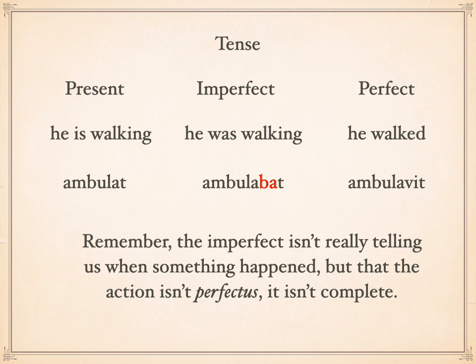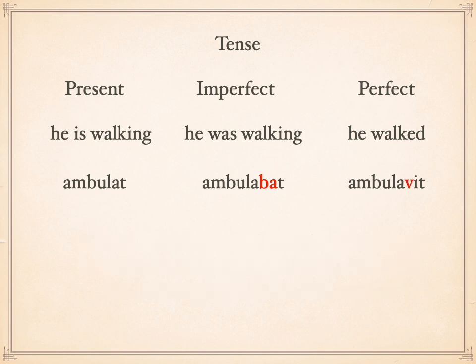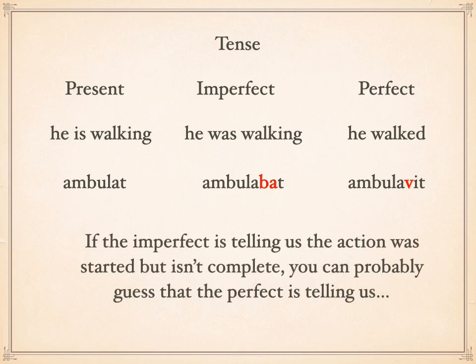It's not complete yet. The marker for the perfect tense is often this V. If you see a V, it's probably in the perfect tense. And again, if the imperfect is telling us the action was started but isn't quite complete, you can probably guess that the perfect tense is telling us the action has been completed.